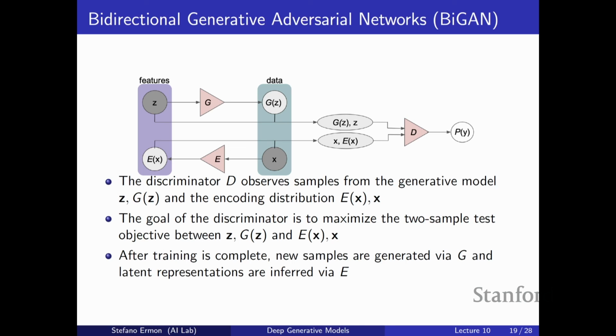It has a similar flavor to the VAE, where we had a very similar intuition: what comes out of the encoder should be indistinguishable from the latents that you generate yourself. In that case, we enforced that using KL. Here we're using a two-sample test with a discriminator. At inference time, the latents are sampled from E, right? Based on the last slide.